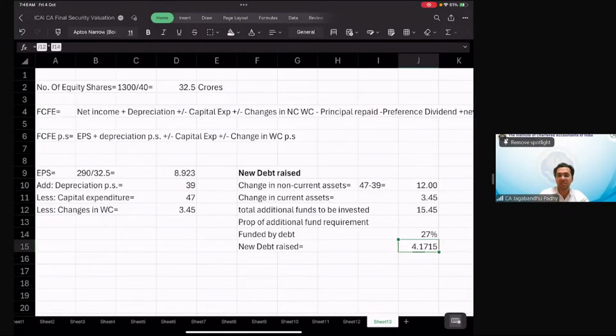In your balance sheet, you will observe that your non-current assets are increasing by 12 only. That's the net capital expenditure, which is the fixed asset purchase less depreciation claim.